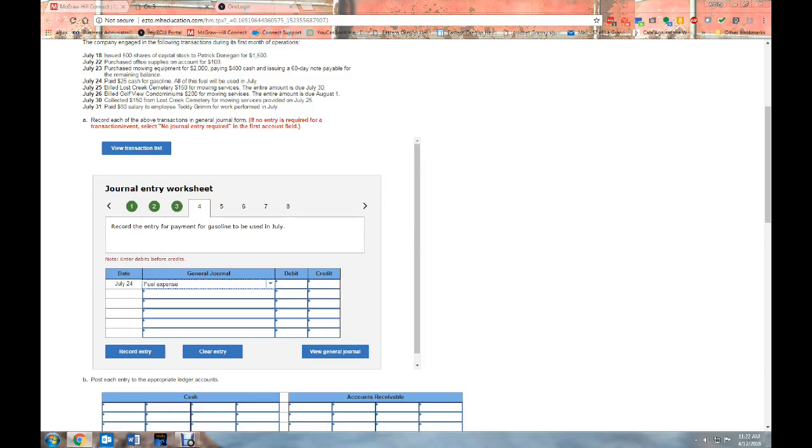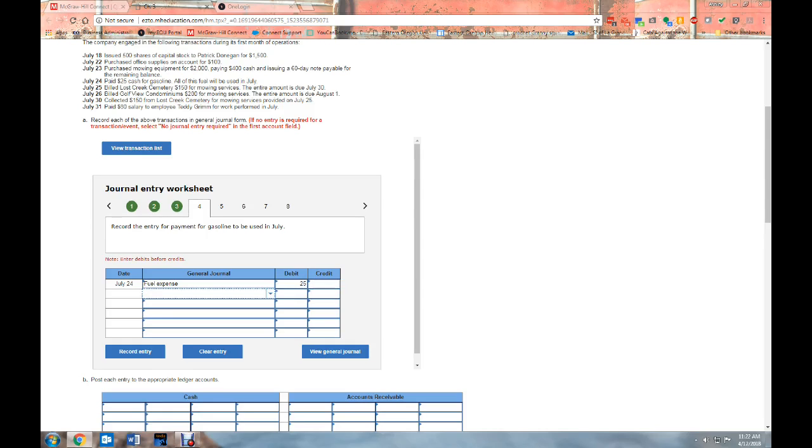And that fuel, if we don't have fuel, we can't have a lawn service business. So I know that my fuel expense has to be my debit account. According to Alice, an expense account is a debit to increase. Our fuel expense has increased. So $25 debit entry.